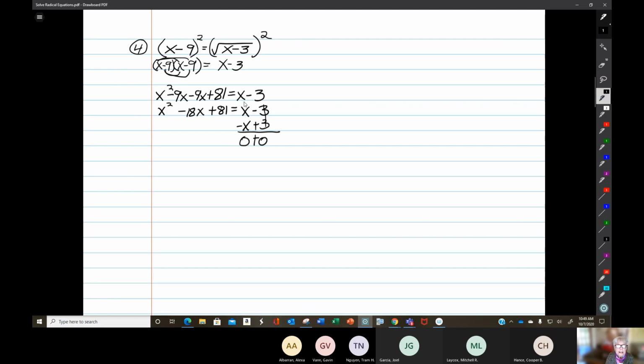Well, I have to do the same thing on the other side, so I have to subtract this x from this side as well, and I have to add 3 to this side as well. And that will give me x squared minus 19x plus 84 equals 0 plus 0 is just 0. I think we'll agree on that.